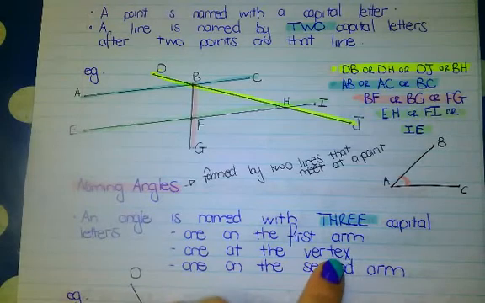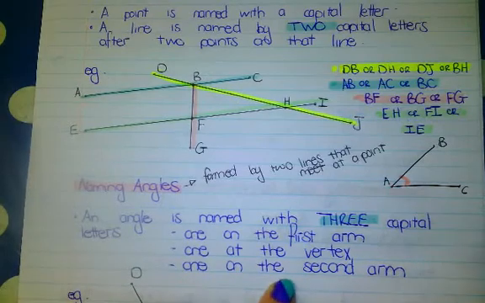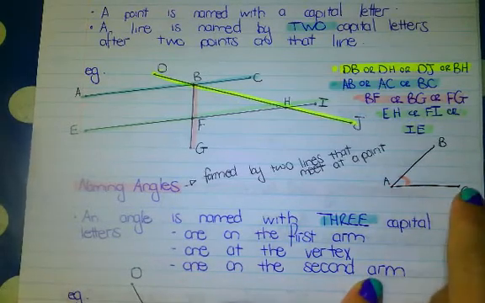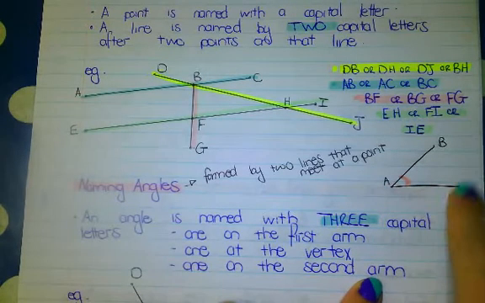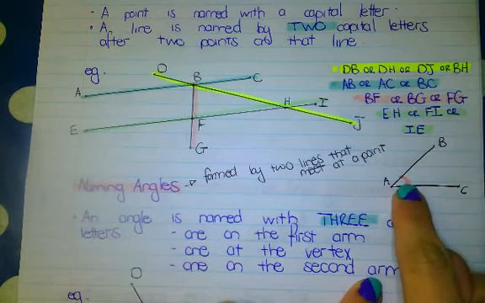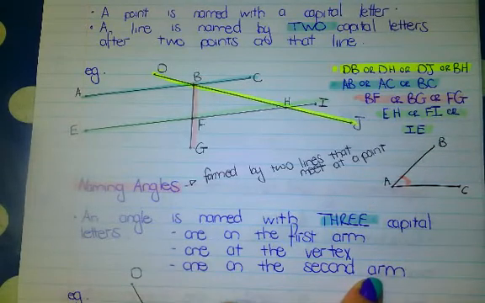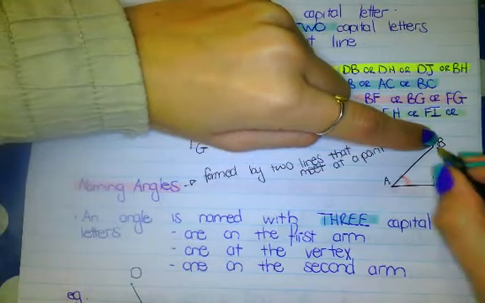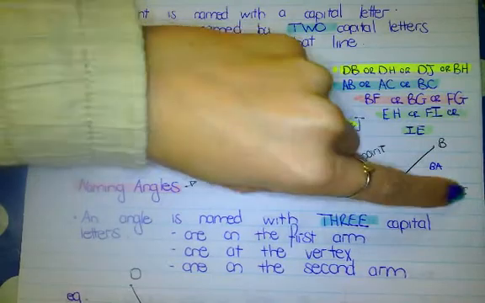Vertex is just a fancy way of saying the corner, so A is the corner here, it's where the angle is. And then the third letter is from the second arm. Okay, so that would be C. So this angle's name, that little angle, that pink one there, formed by arms AB and AC, we would call that angle BAC.